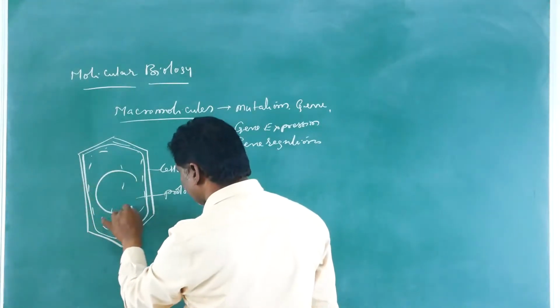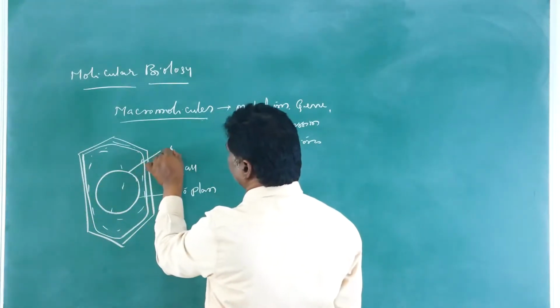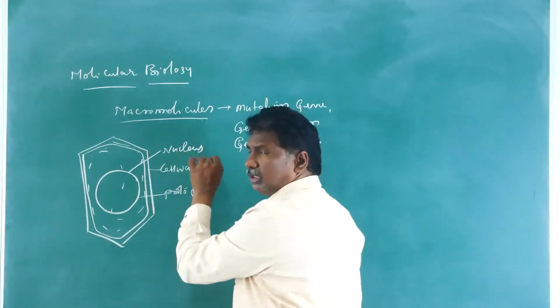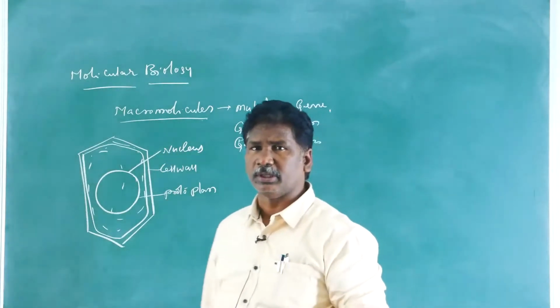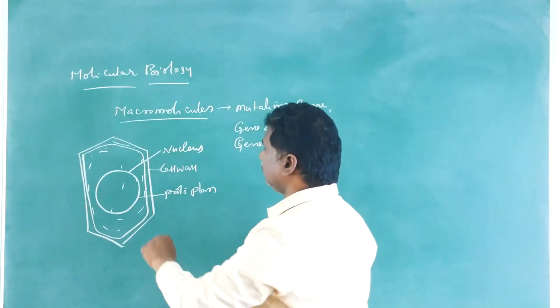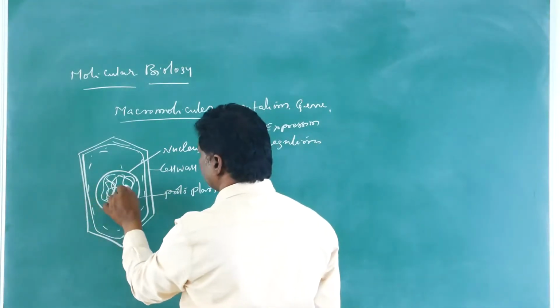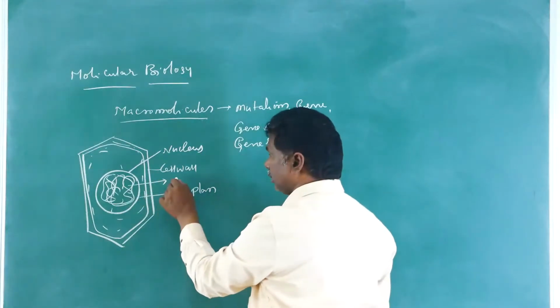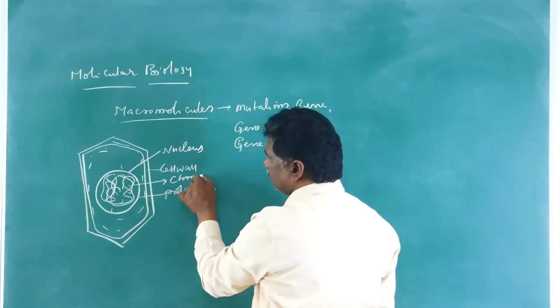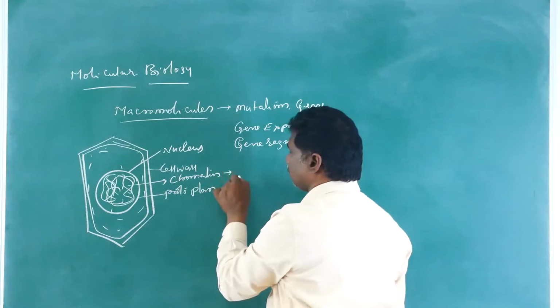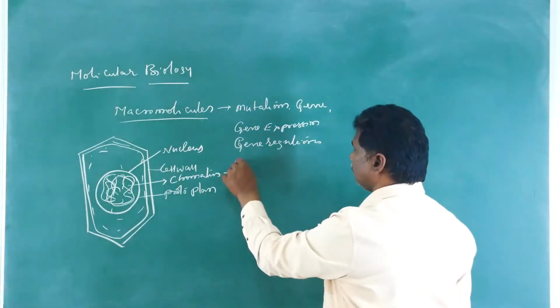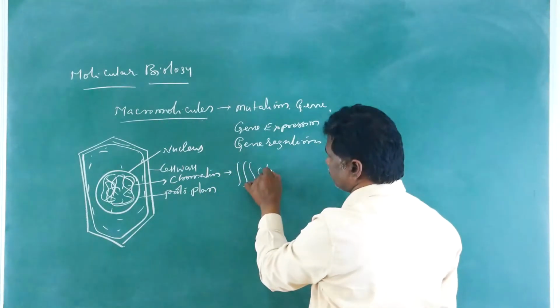Centrally, a spherical body is present, called the nucleus. The nucleus contains thread-like structures coiled around each other, called chromatin. The chromatin contains long thread-like structures called chromosomes.